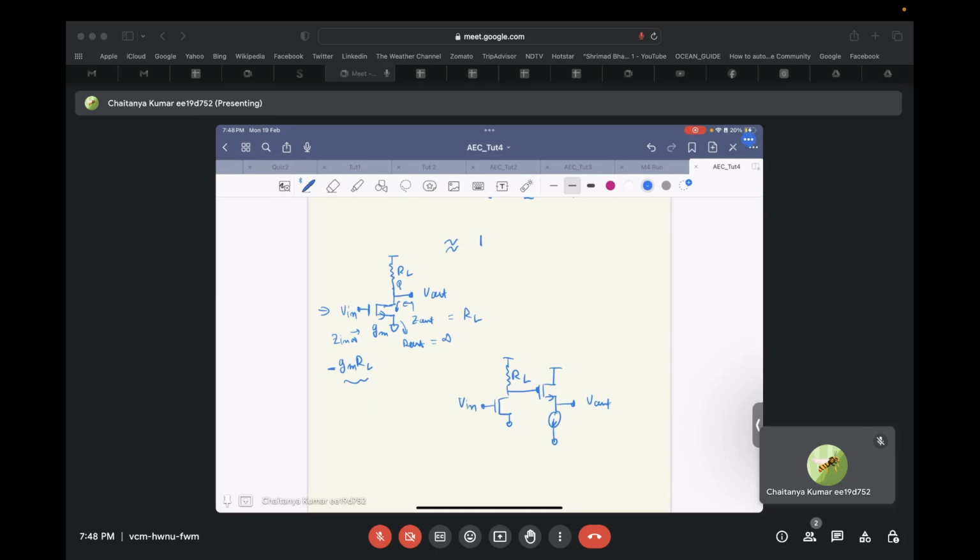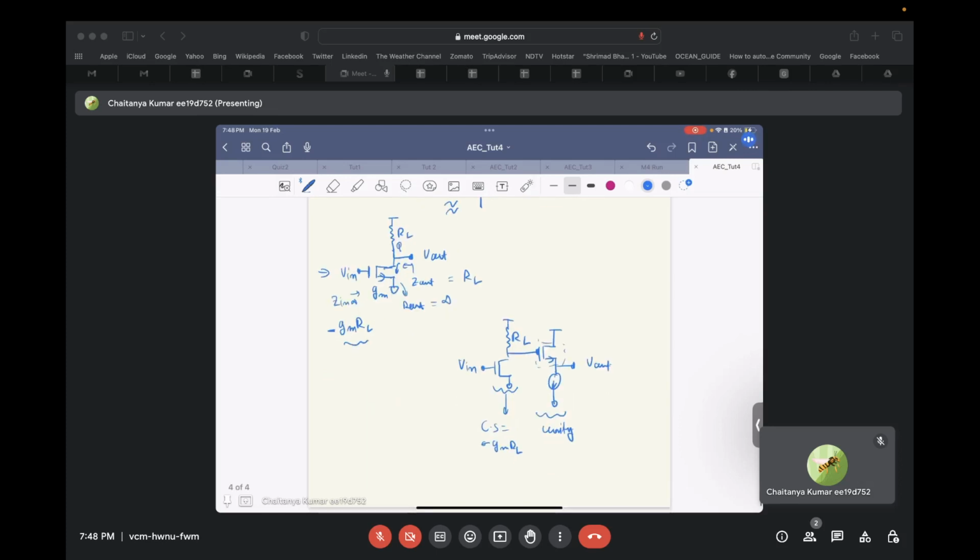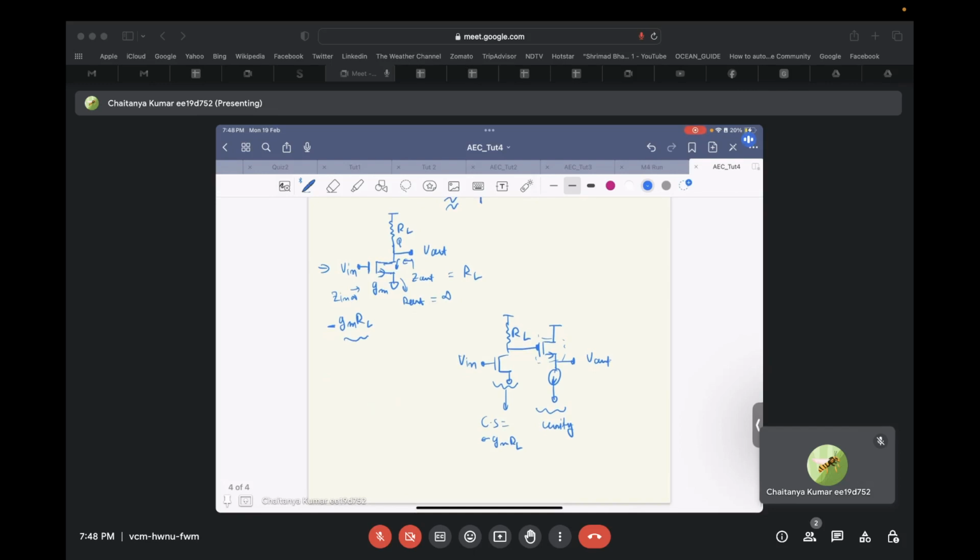Let's say this is a common drain amplifier with infinite GM, so its gain will be unity, and this is a common source amplifier whose gain is minus GM RL. In cascade, our gains are multiplied. So minus GM RL into 1, we get the gain as minus GM RL.